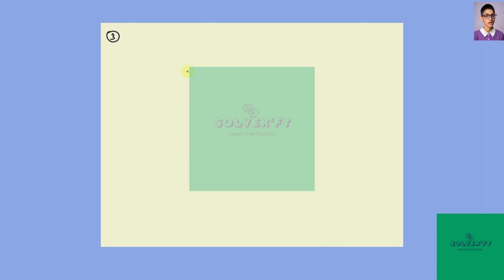Another question asked is, describe the hierarchy of organization of life. How does this organization lead to the emergence of new properties at different levels of biological organization?